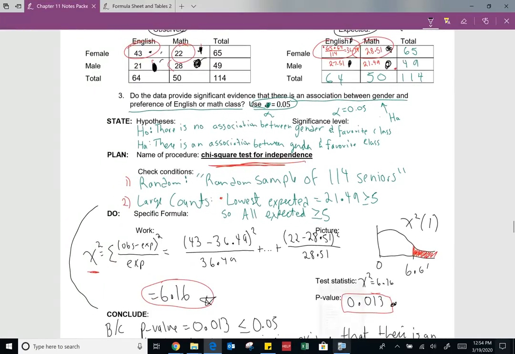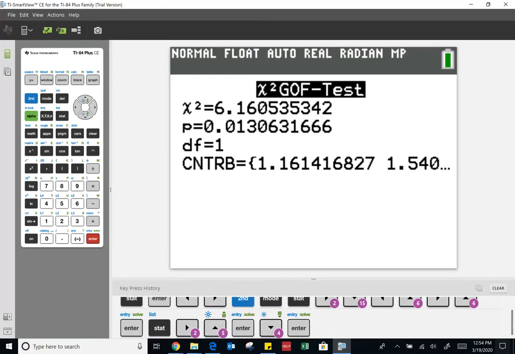One more thing actually that I want to show you on this is the last thing where people are kind of confused on is this CNTRB right here. What this is telling you is for each actual, or this is each observed minus expected squared over expected. So for the female English version of that, the first numbers that we entered in, the 43 and the 36.49, they were 1.1 away from each other.